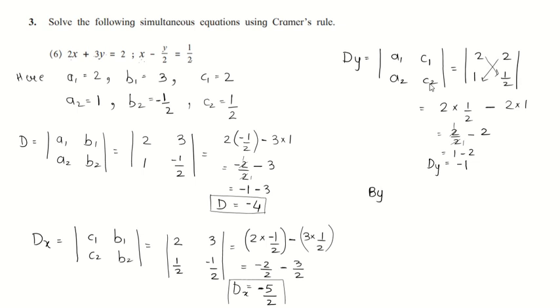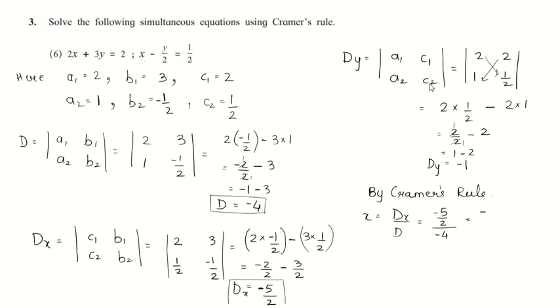By Cramer's rule, we need to find x and y. X is equal to dx upon d, where dx is minus 5 upon 2 and d is minus 4.